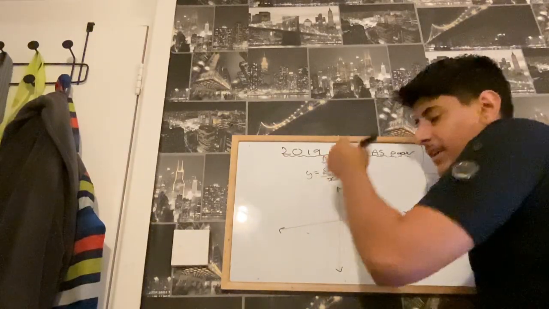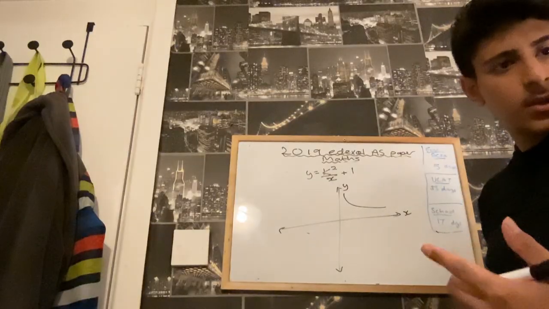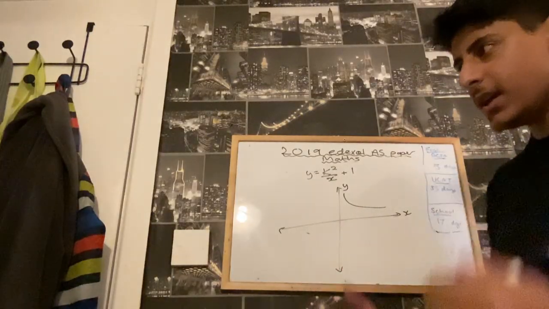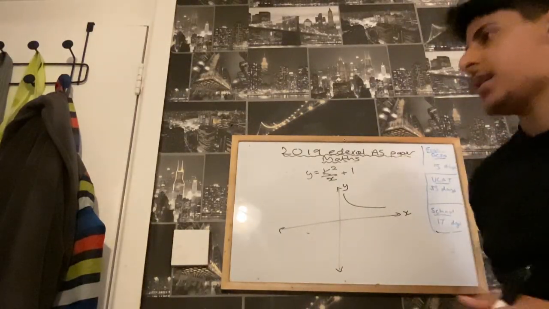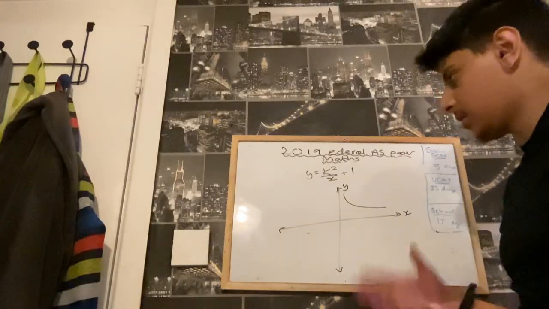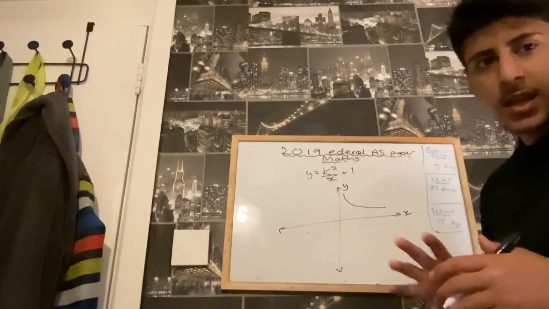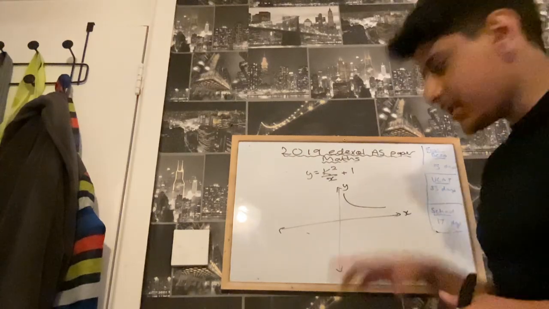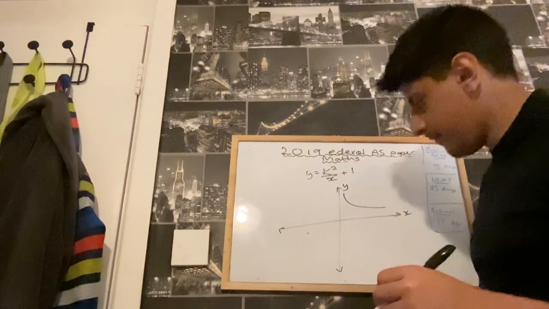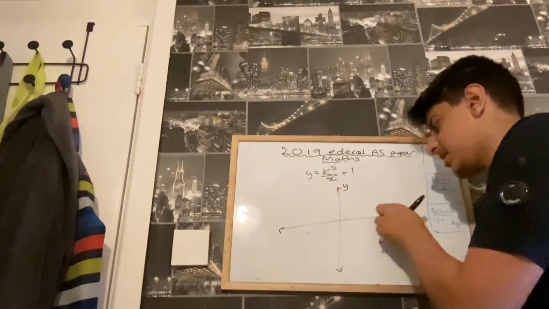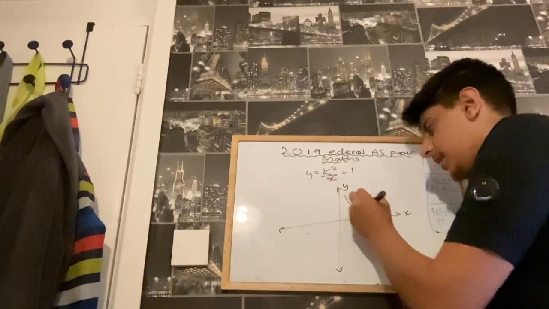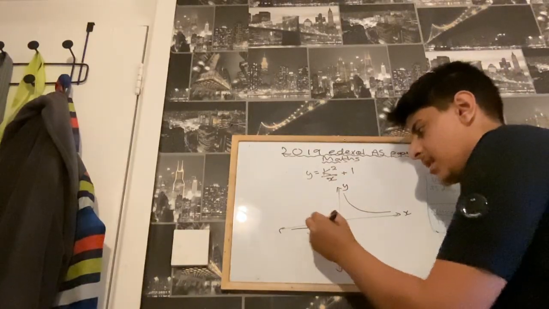It doesn't matter if the top is squared or not. If it's a million, if it's 1, if it's anything else, it doesn't matter. The whole point is that the x is the normal x. As long as the x does not change, this graph will stay the same. It's generally the same shape. So it's going to be around like this.